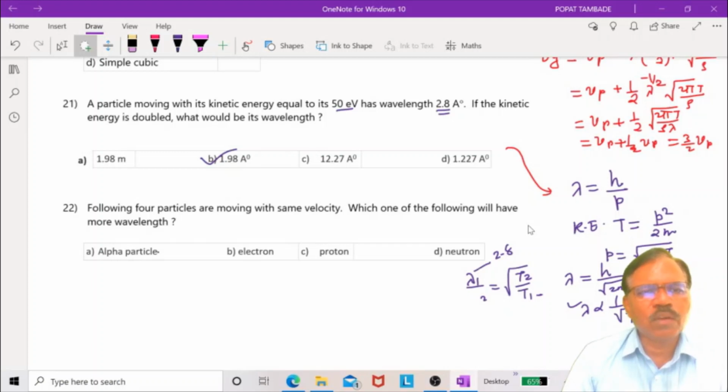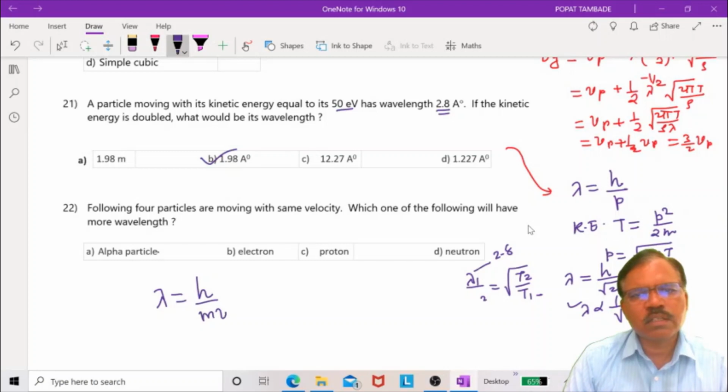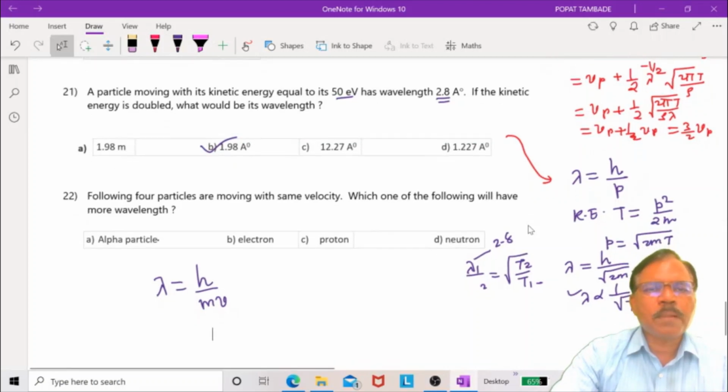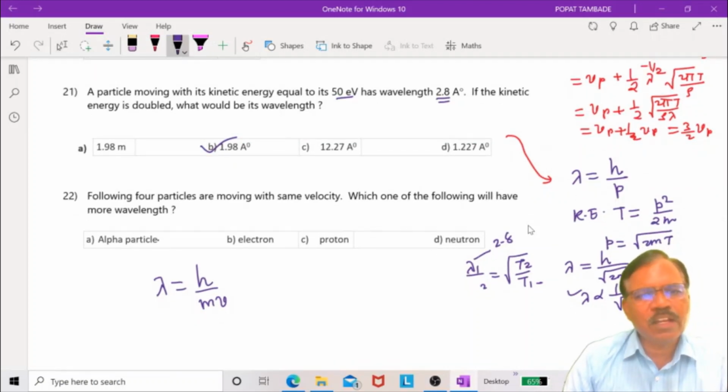We have seen the de Broglie wavelength. Lambda is equal to h upon mv. Now, I can say if velocity is the same for all the particles, lambda is inversely proportional to mass.